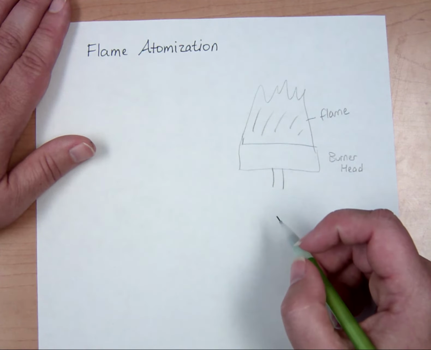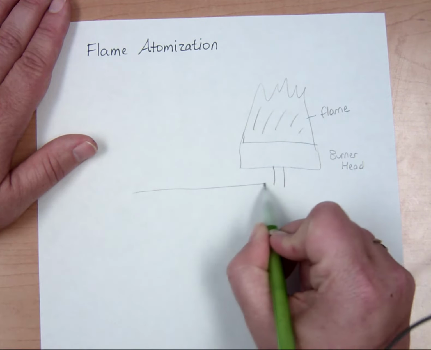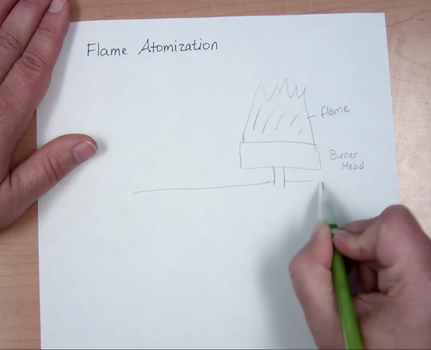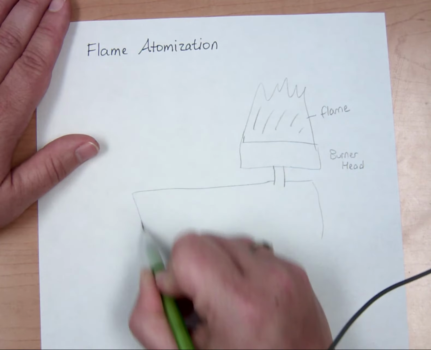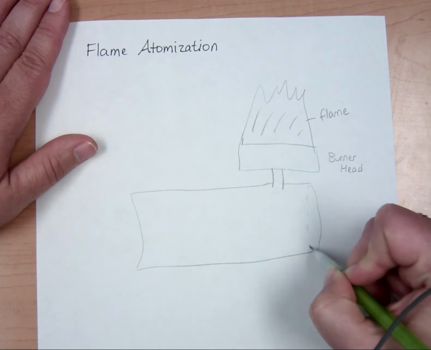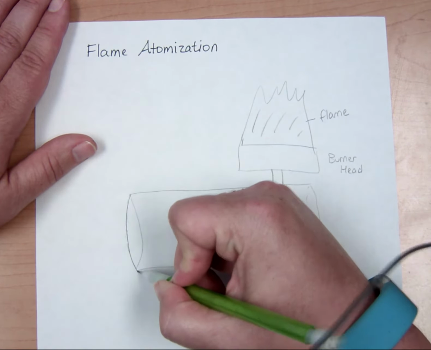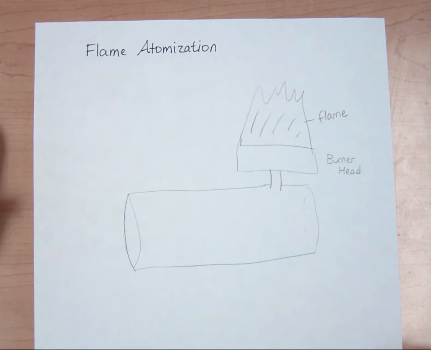So how do we make this happen? Okay, so we're going to use a cylinder here, at least I'm going to draw it as a cylinder. All right, so here's my cylinder.